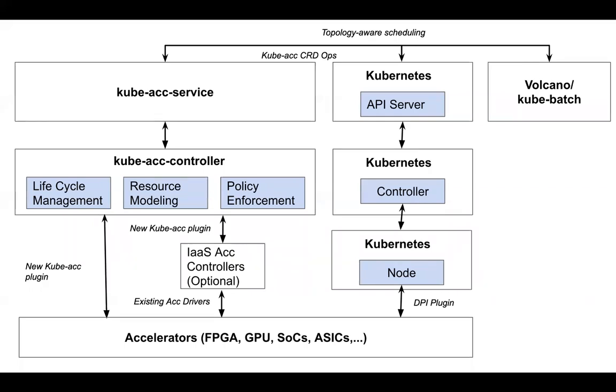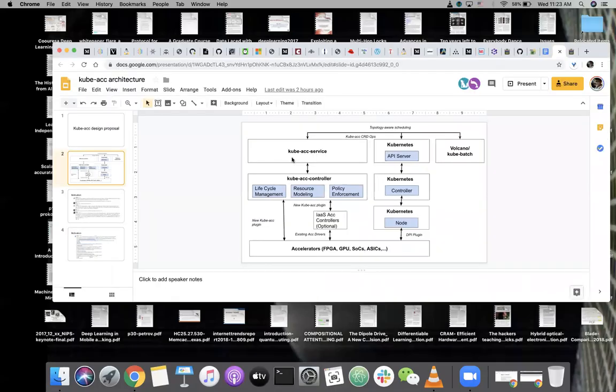If you are running on bare metal, then there's a need for a new kube-acc plugin to be developed. And like we mentioned, if you don't have the use case of multiple accelerators, then just directly use DPI with all the core features. You should be fine. So this is a high-level general proposition.